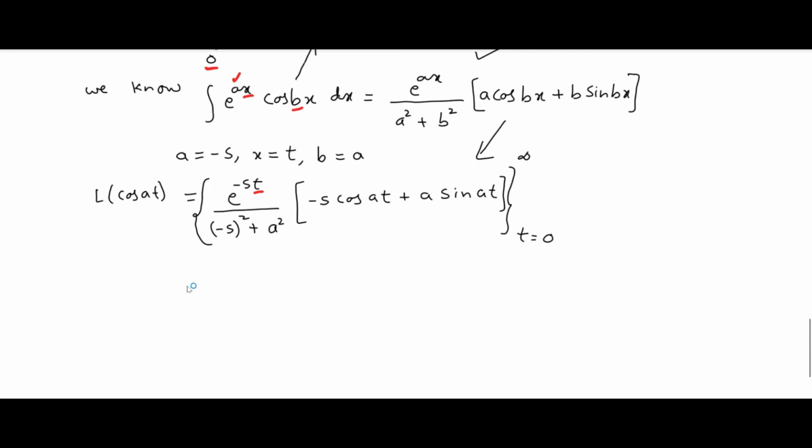So we get e power of minus infinity, which will be the upper limit value. So we know that e power of minus infinity will be equal to 0. So we'll directly replace the value of e power of minus infinity as 0, and 0 into anything will be 0 itself. So the whole of the upper limit value will become equal to 0.